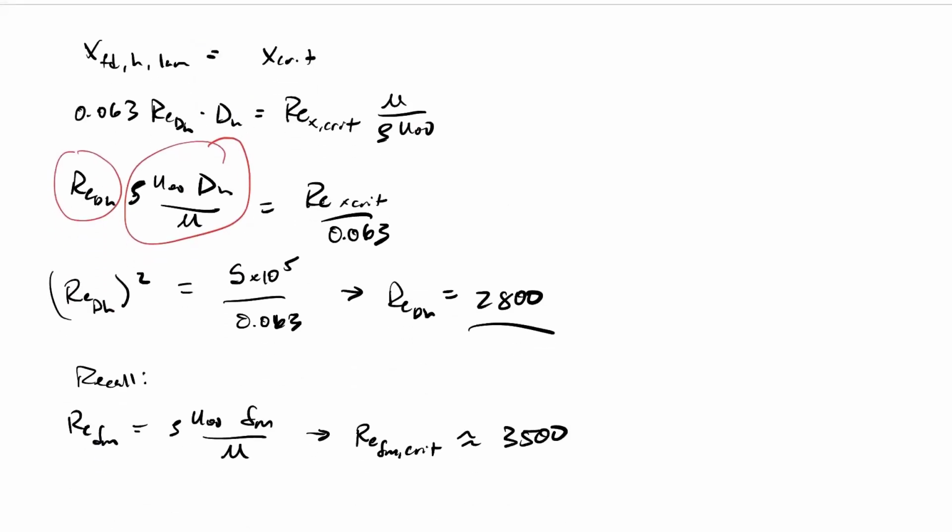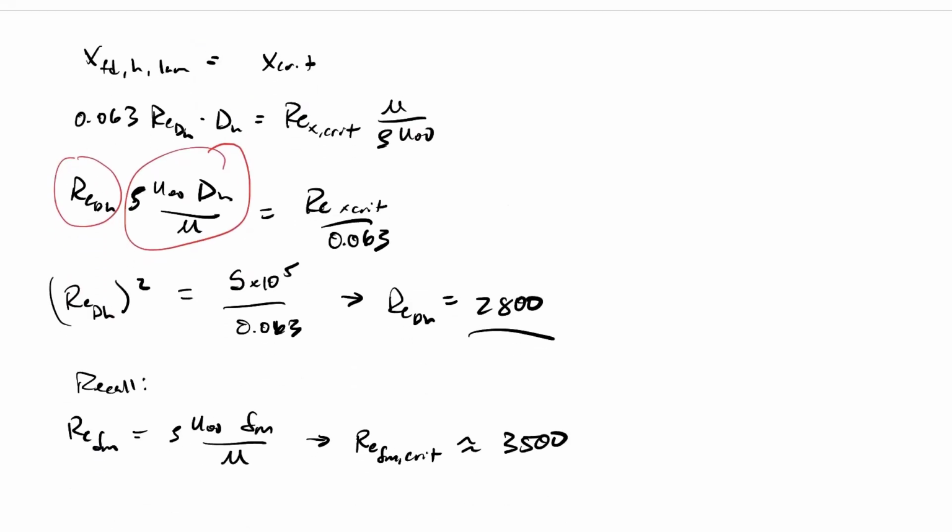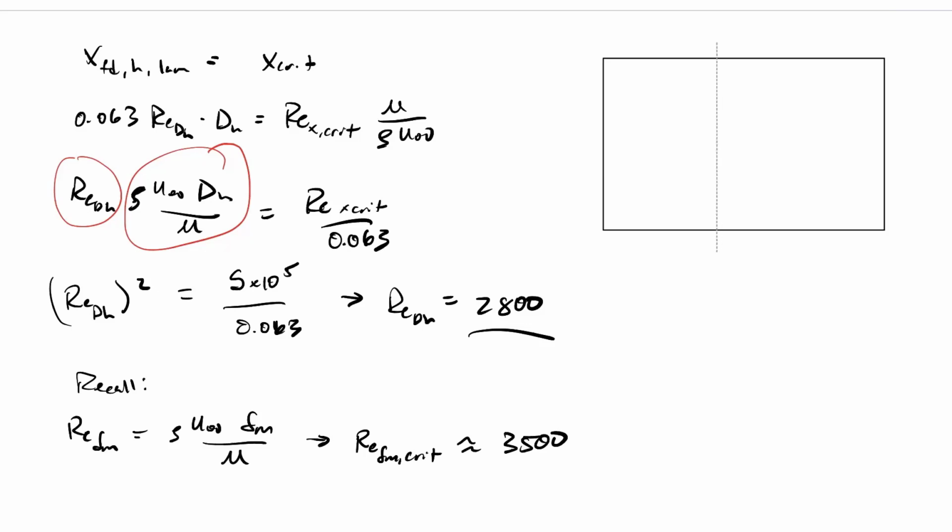Let's see, one other thing that I want to sketch out here. In terms of transition to turbulence, let's draw the velocity profile in a case where we are transitioning to turbulence. So let's see if I can get a nice rectangle. In a case where we're transitioning to turbulence, before we get to the critical length, let's look at what that actually looks like.